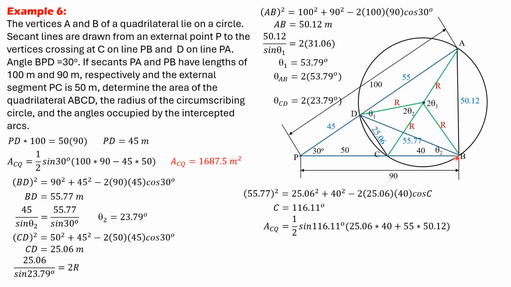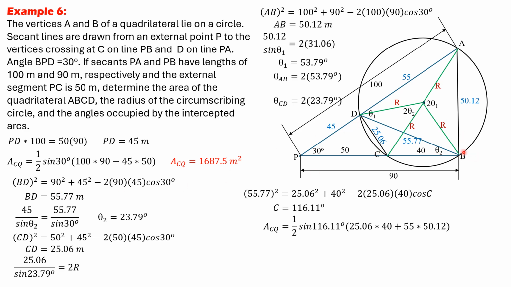Then let's solve for BD considering triangle PDB, so that we can analyze angle theta 2 later. If we know angle theta 2, take note that this triangle BCD is inscribed in the circle, and by principle the ratio of the opposite side to the sine of the angle opposite it is equal to the diameter of the circle circumscribing triangle BCD.